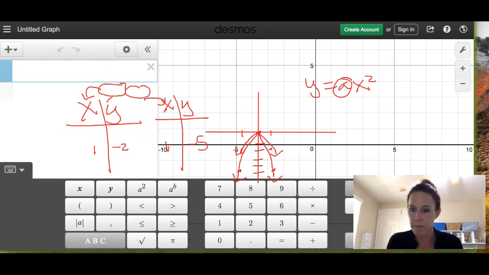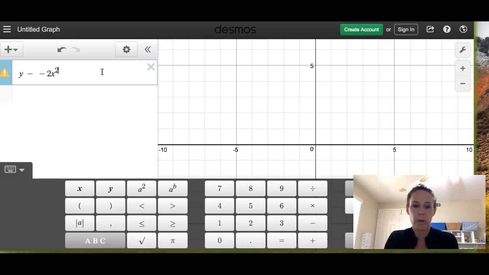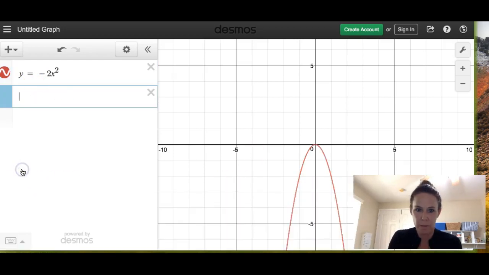all right, clear, and I type these in. I believe they were y equals negative 2x squared. There's your first graph. And your second graph would be, oops, I did a minus sign, y equals your second graph. So there's your first graph. Let's move this down.